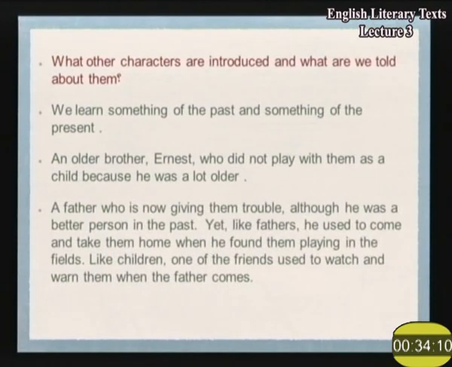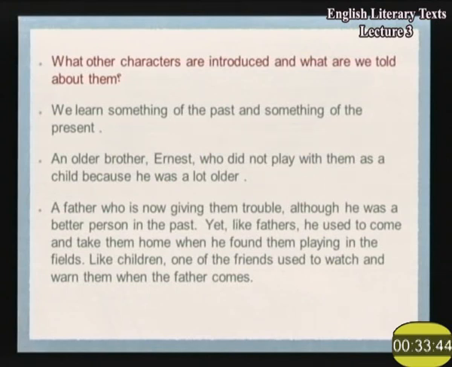We also learn of a father who is now giving them trouble, although he was a better person in the past. And we have her saying her father was not so bad then. Yes, so in the past then he was not so bad, but now he is so bad.